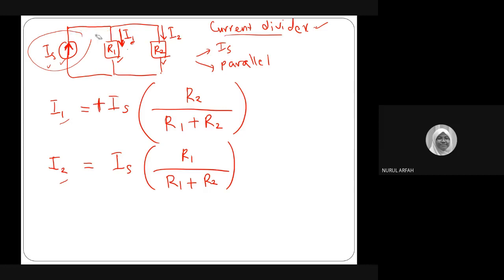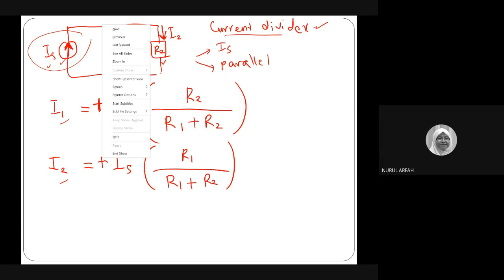But if you just look at this, this is going up, this is going down, then this one should be a plus. Okay, that's the current direction.